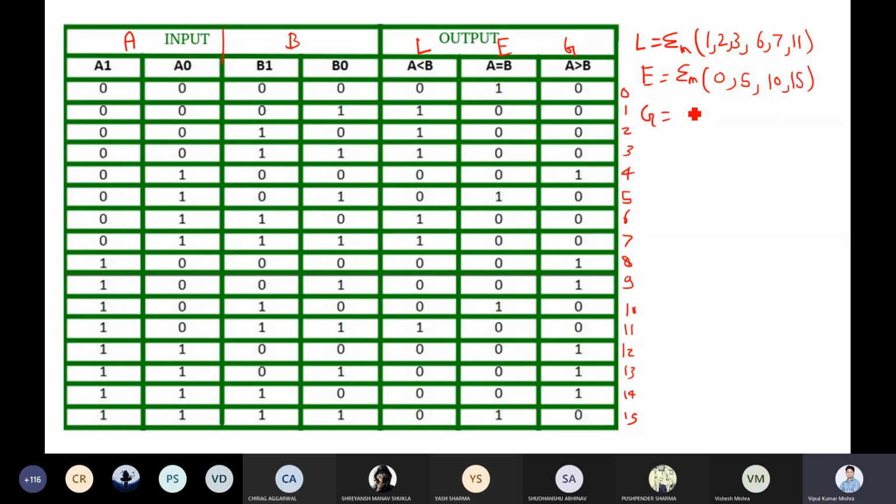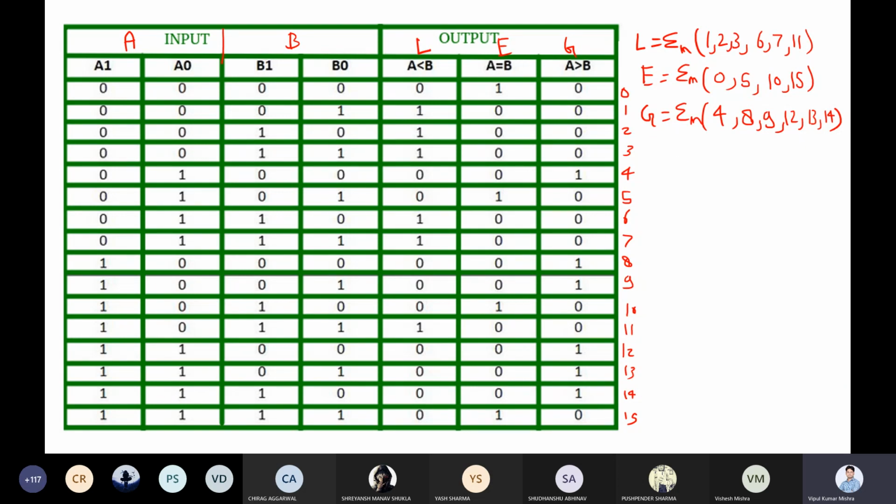What about G? Right. So now you have got your min-term equations.